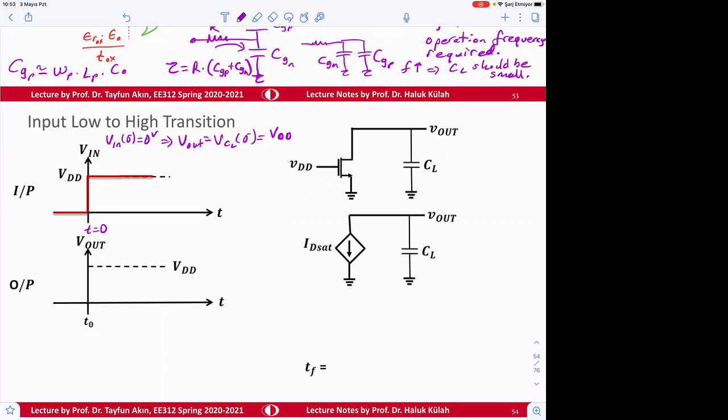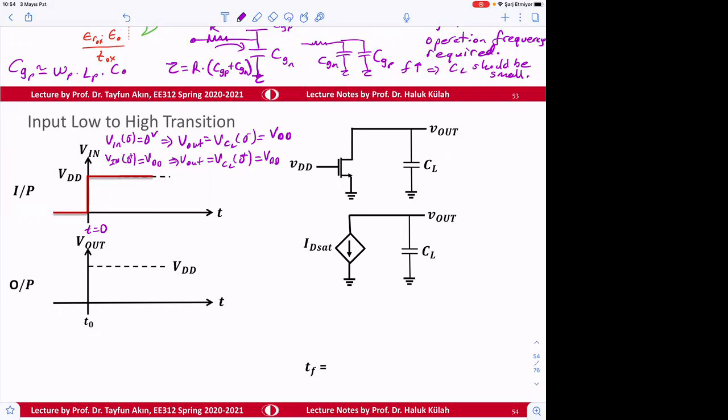Okay, so at steady state, this is it. So what about when V in at 0 plus becomes VDD? V out, which is equal to VCL at 0 plus, will also be VDD, because the capacitor doesn't want to change its voltage immediately.